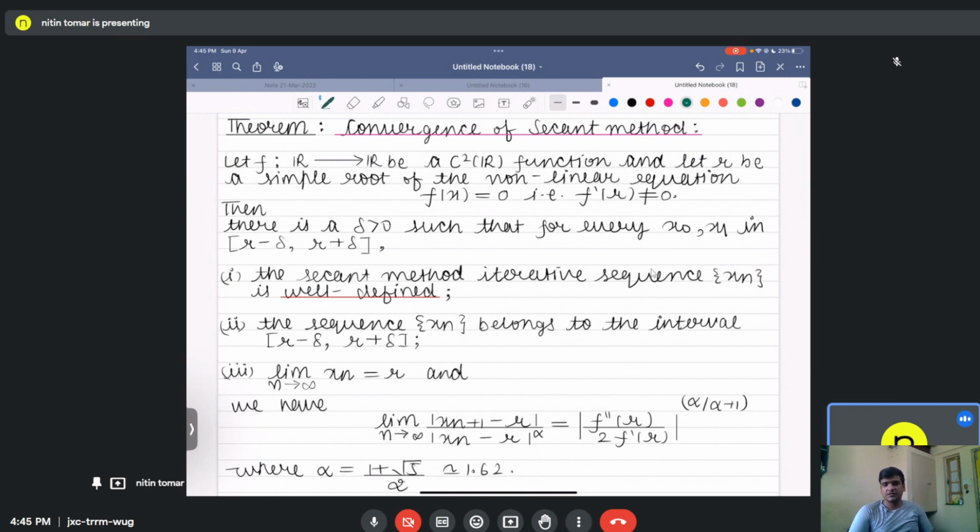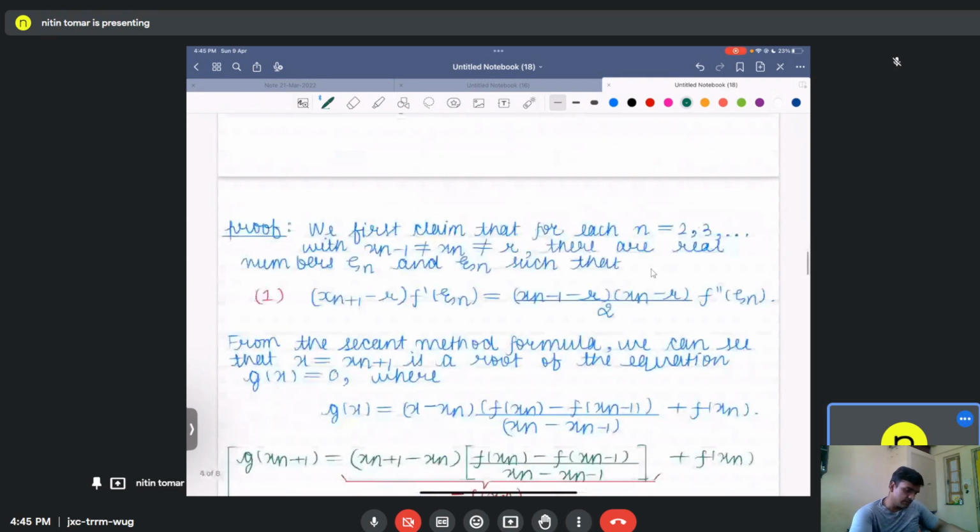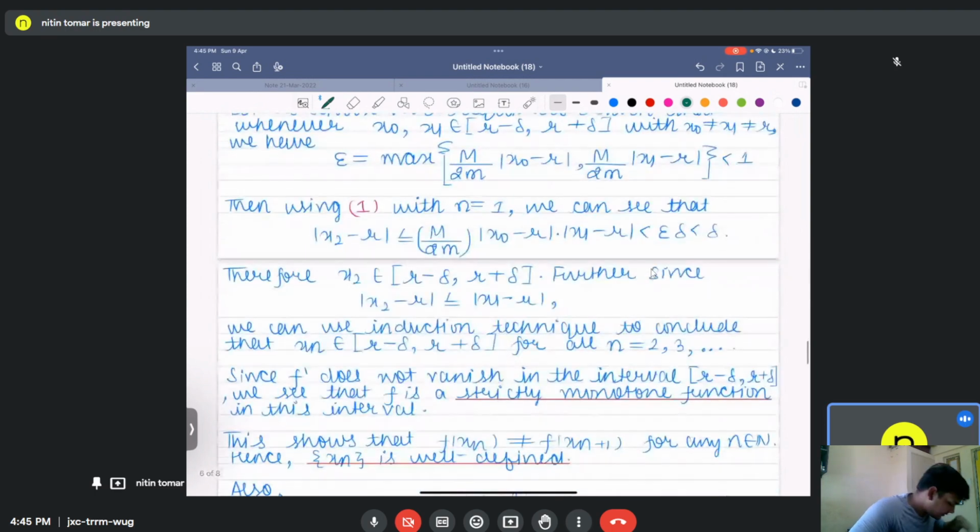If there is such a function, then we can apply this secant method and it will ensure the convergence around r. But again, even in the conclusion you should note that you have to choose your initial values to be sufficiently close to the simple root r. Okay, so we have completed the proof.